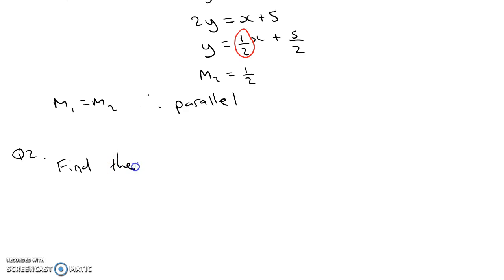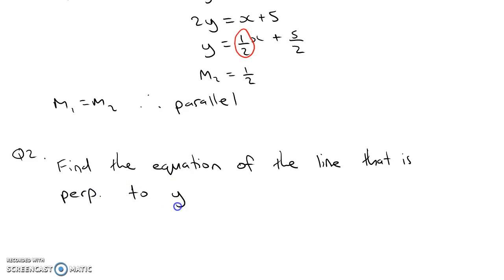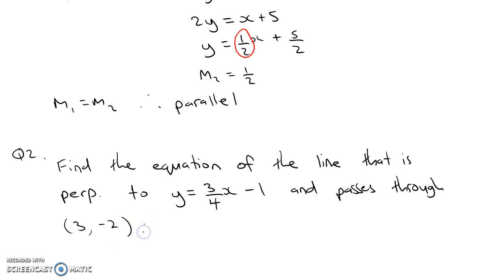Find the equation of the line that is perpendicular, again I'll abbreviate that to perp, to y equals 3 over 4x minus 1, and passes through (3, -2).